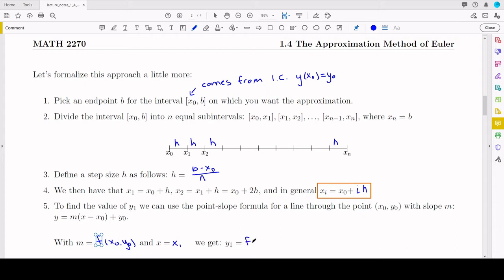So what we get then is that y1 equals the slope, right? That is f of x naught comma y naught, times x1 minus x naught, and then plus y naught.